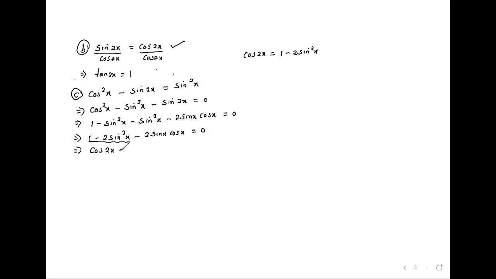Then now this means that we must take this back to sine 2x equal to 0. Why? Because it's going to be difficult for us to have cos 2x and then we have sine x and cos x. It's better we have cos 2x and sine 2x because then we can take the sine 2x the other side and bring it back by division.